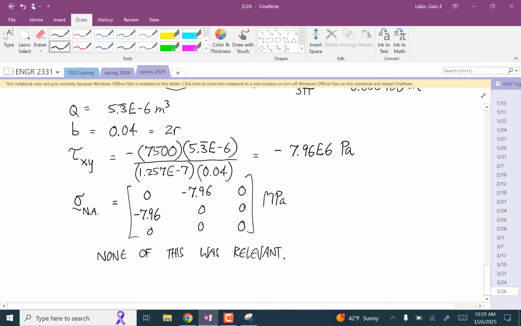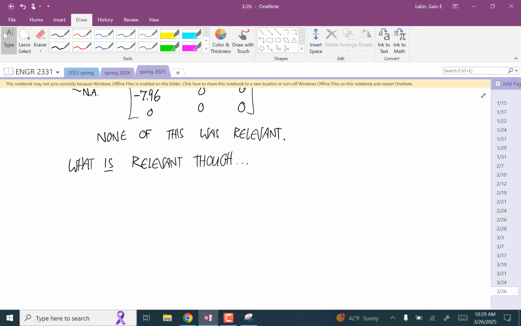What is relevant, though, is now the bending moment. The stress due to bending moment is always biggest when you're as far from the neutral axis as you can be. So this is at the top and the bottom in the case of something symmetric, where the height is the same above and below.